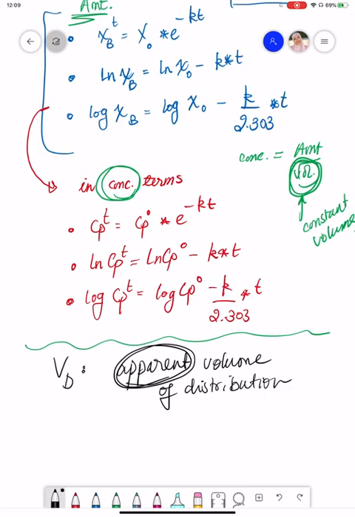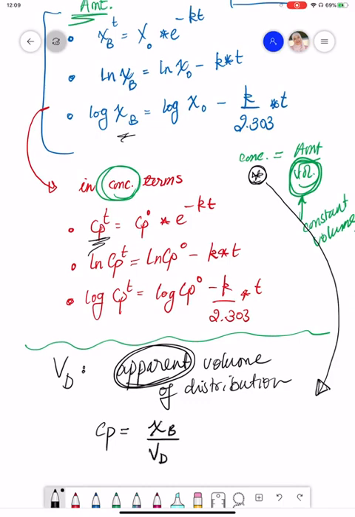First of all, you can find the sentence in your slides about the volume of distribution in terms of the concentration and the amount. I would write the same equation here, but in our symbols: concentration measured in the plasma or in the blood equals the amount measured in the body over VD.